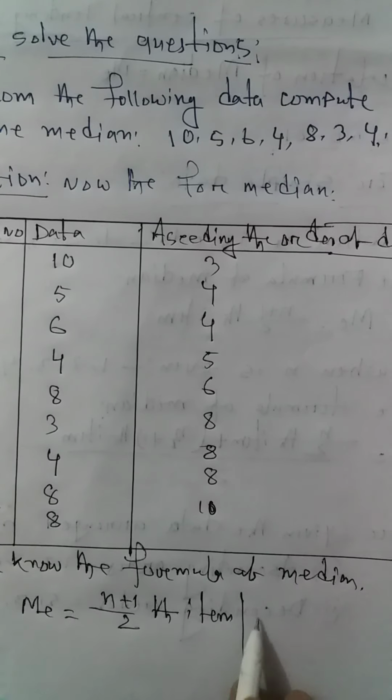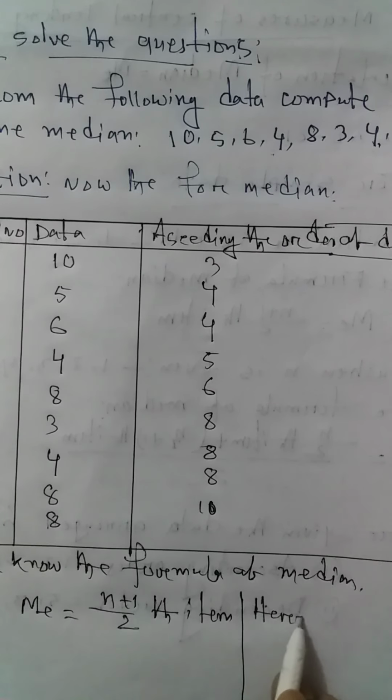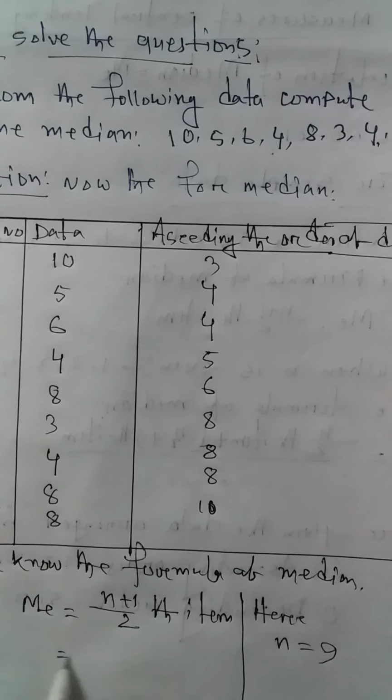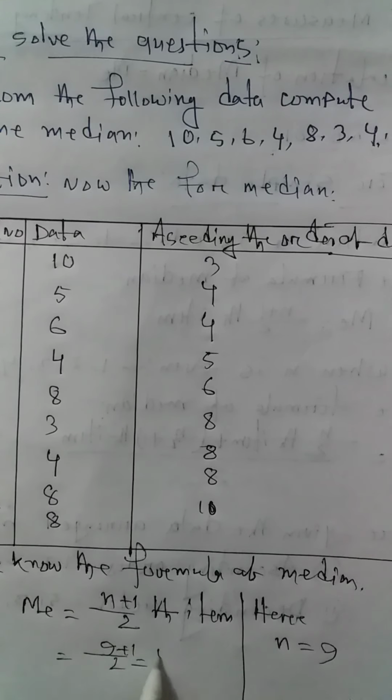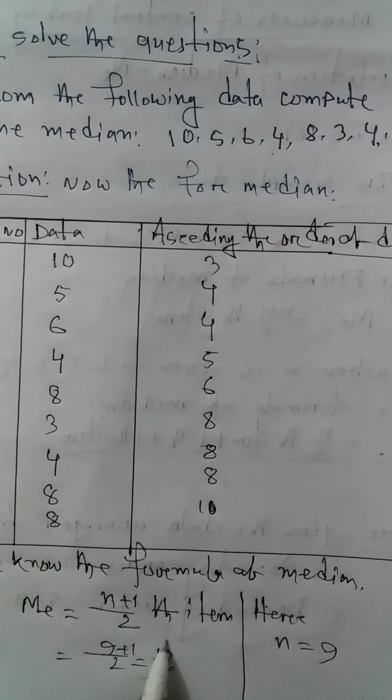Here n is equal to 9. 9 plus 1 by 2 is equal to 10 by 2, which is the 5th observation.